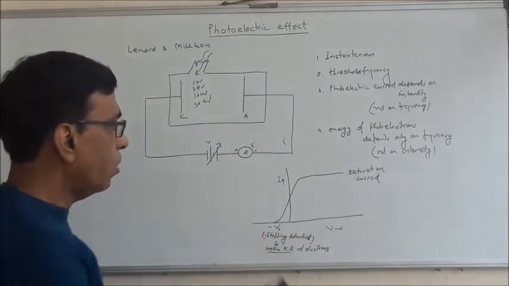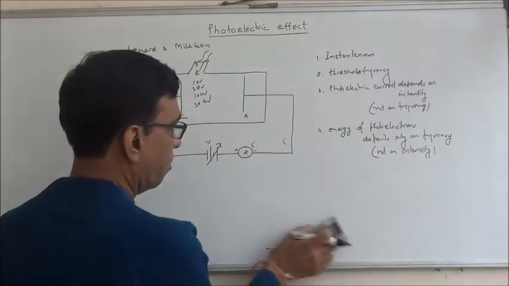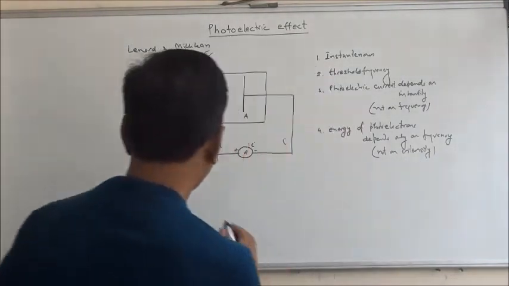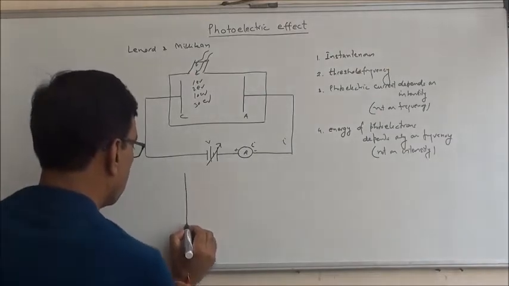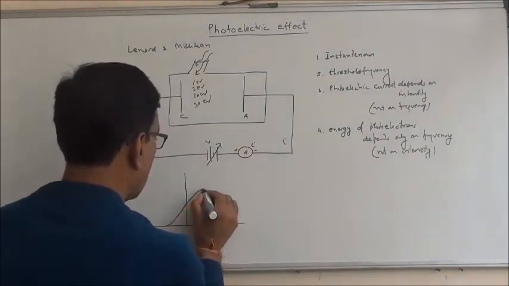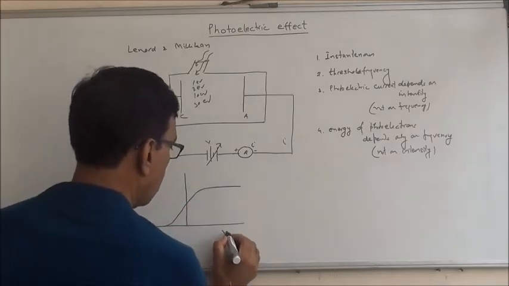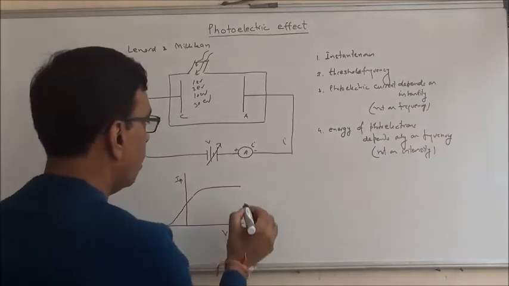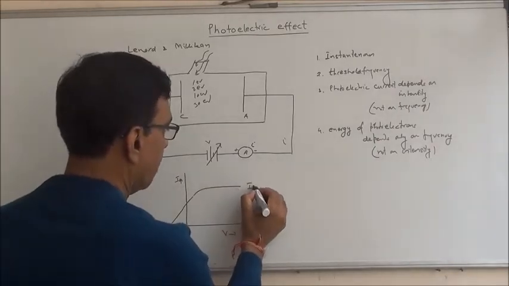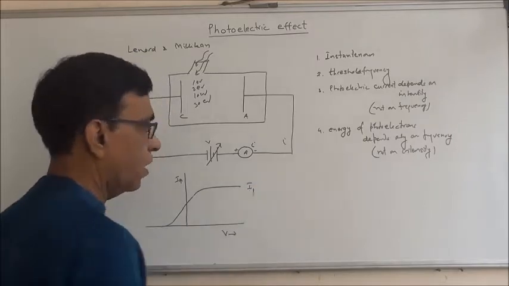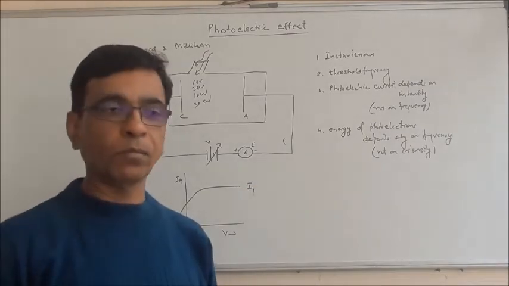We'll take from here only. Okay, let me draw it again. This is the graph that we are getting. Okay, now let me vary the intensity. Let this one be at intensity I1.